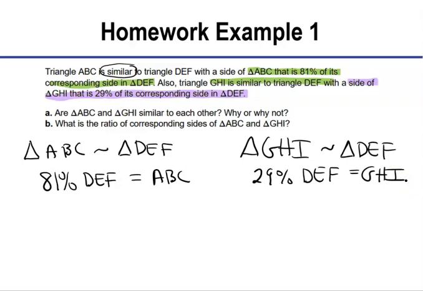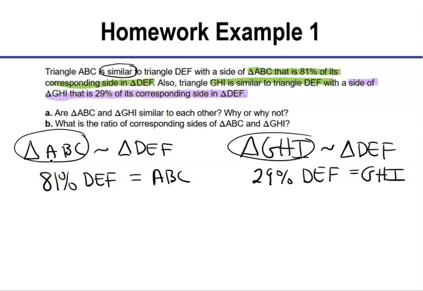Now, let's read our question. Are ABC and GHI, so ABC is over here and GHI over here, are they similar? What do you think? Okay, well, again, if there is a scale factor between each of the lengths of ABC, so we're talking AB, BC, and AC, if I can multiply that by something to get to GHI, then they are similar.